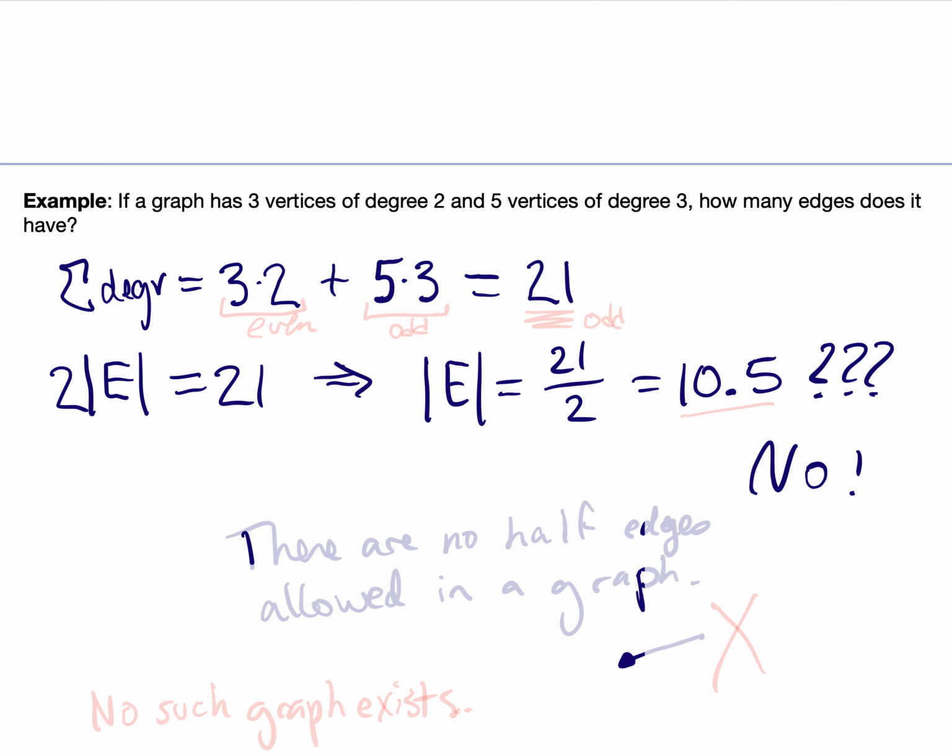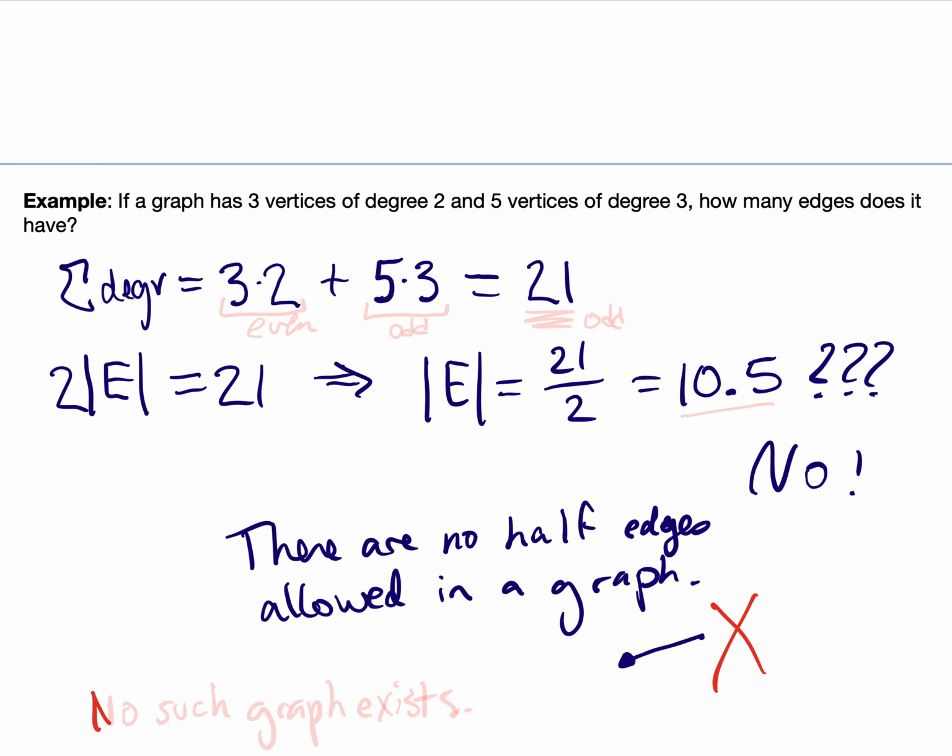So there are no half edges allowed in a graph. What would a half edge be? I mean, in theory, it could be a vertex and nothing on the end, but we say that this is not allowed.